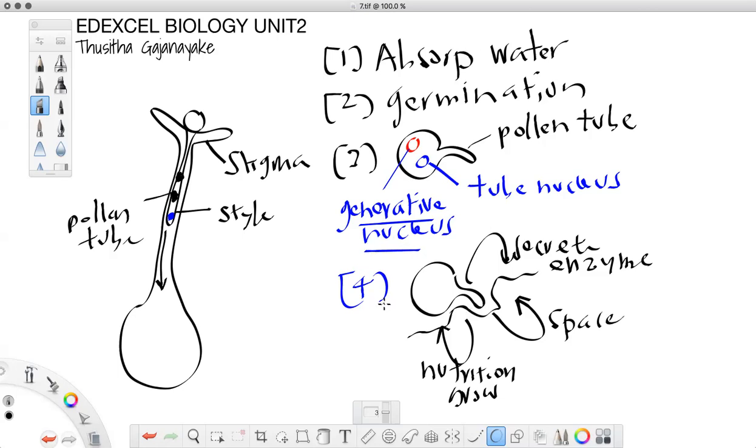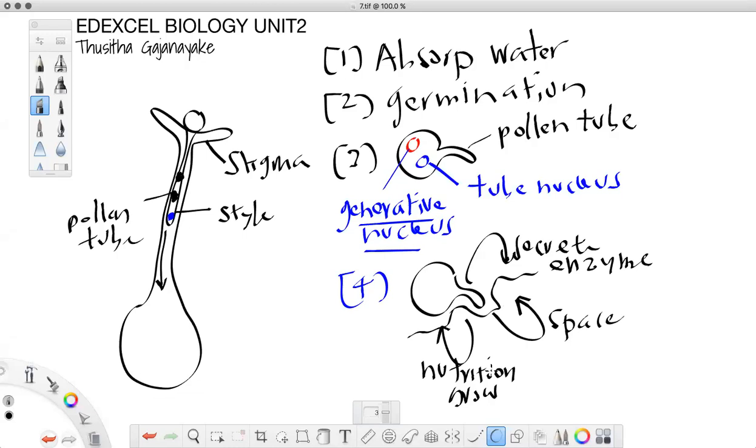And in the fourth stage, the pollen tube starts to grow, and they secrete enzymes to the surrounding tissues and digest and get the nutrients, and the pollen tube continuously grows. They also get space to smoothly grow down to the ovule.